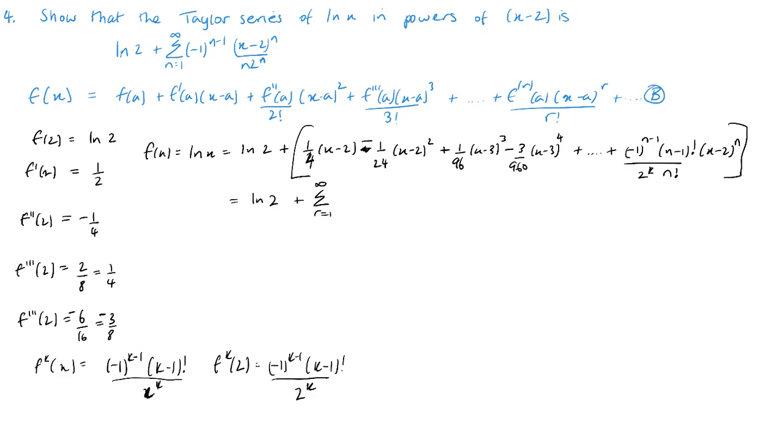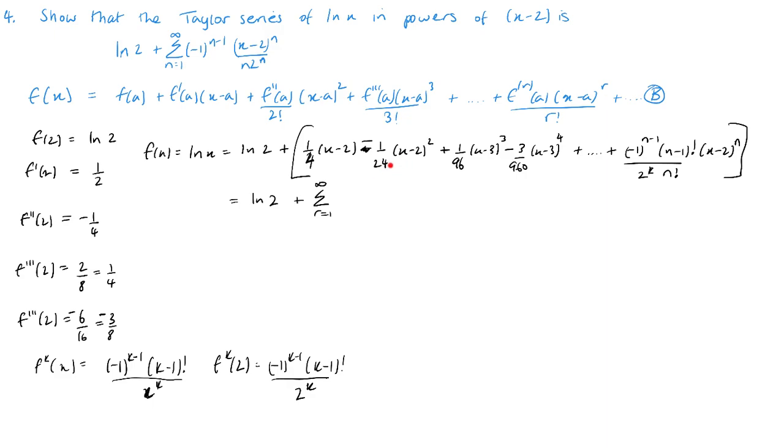If I look at the second one, I've got minus 1 to the 2 minus 1, so that's going to be negative. 2 minus 1 is 1 factorial, which is just 1. This is to the power 2, that's right. 2 squared is 4, times 2 is 8.